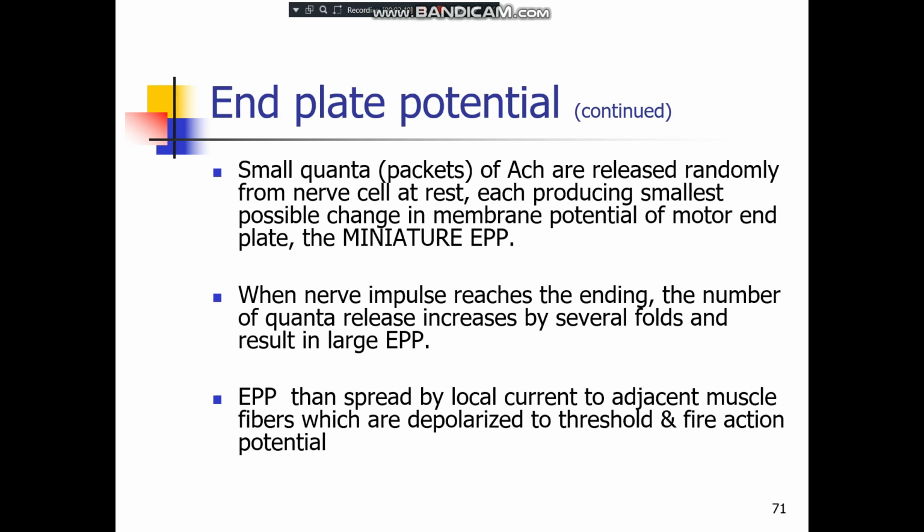It's mainly because small quanta packets of acetylcholine are released randomly from the nerve cell, and when they attach to the ligand gated channels, they change the membrane potential of the motor end plate slightly, and that is what we call the miniature end plate potential.